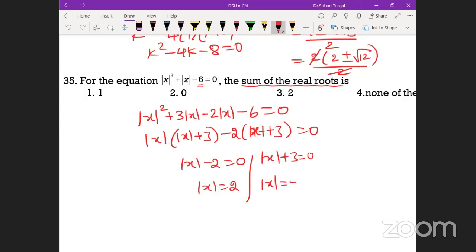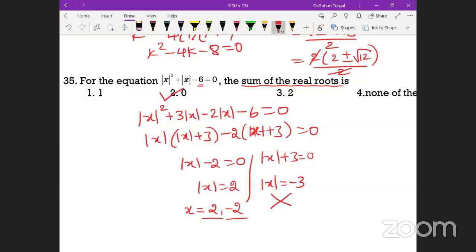Mod x equal to minus 3, which is not possible. Why? Modulus of a number cannot be negative, right? Okay. Now tell me, x value is what? 2 and minus 2. If you put 2 in place of x, you get 2 and if you put minus 2, then also it is 2. Sum of the real roots: these are the 2 real roots. If I add them, I get the answer as 0.